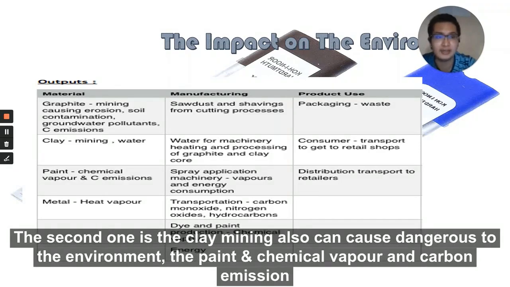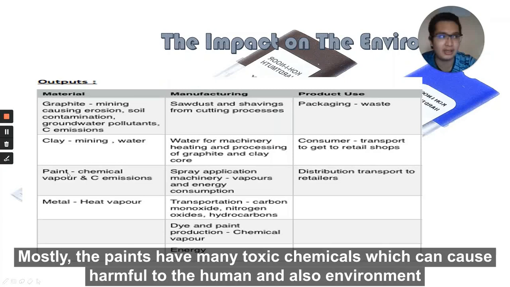The second one is clay mining, which also can be dangerous to the environment. The paint causes chemical vapor and carbon emission. Mostly the paint has many toxic chemicals which can be harmful to humans and also the environment.